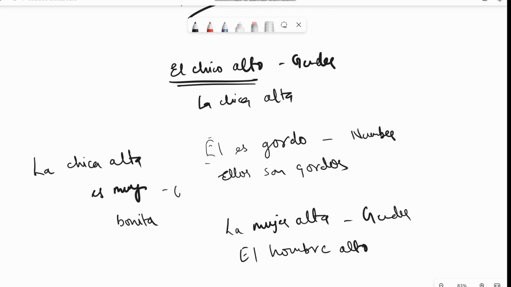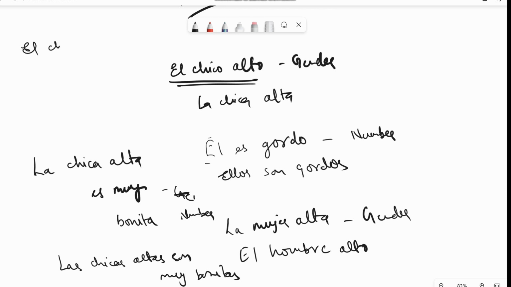Now, if I ask you to change the number of this sentence, it would become Las chicas altas son muy bonitas.